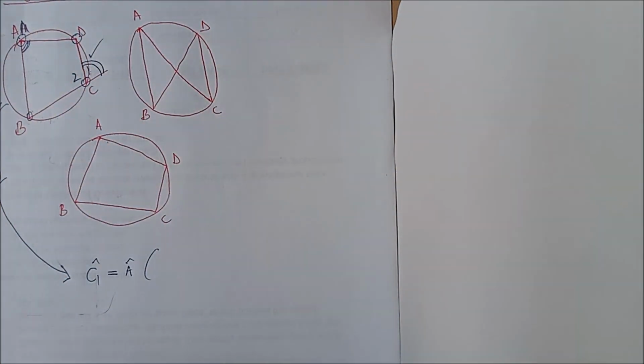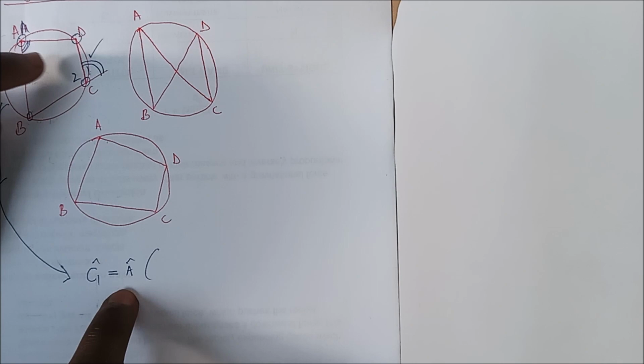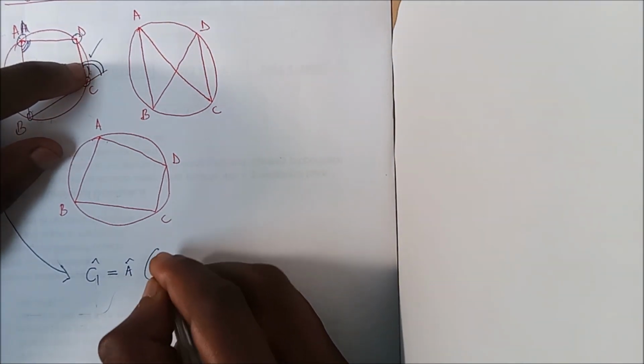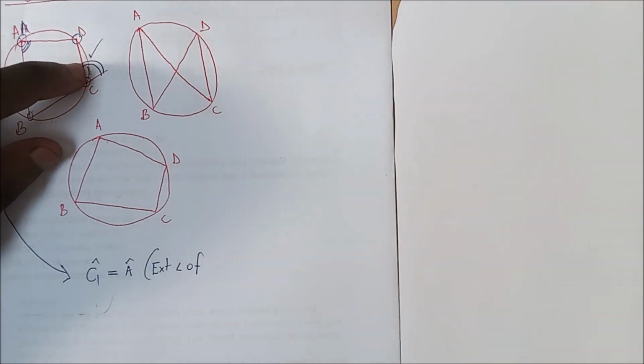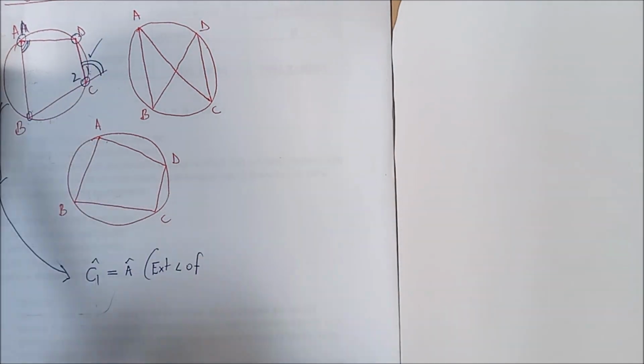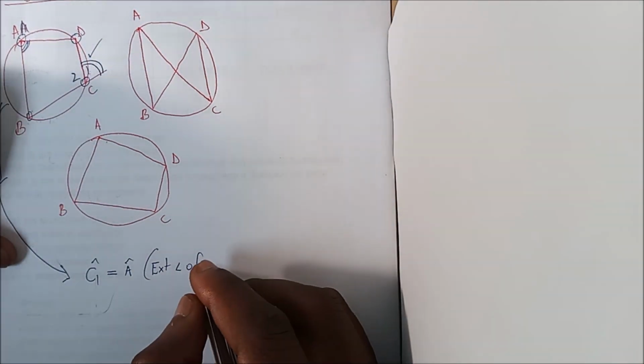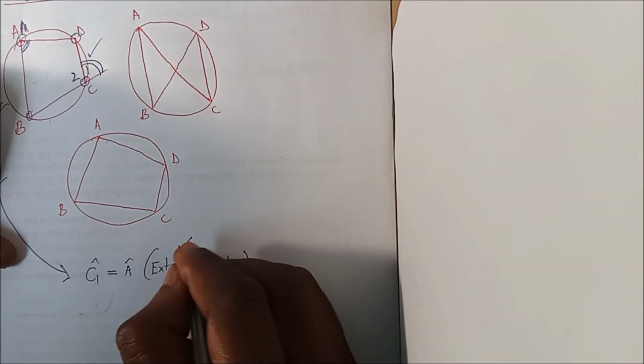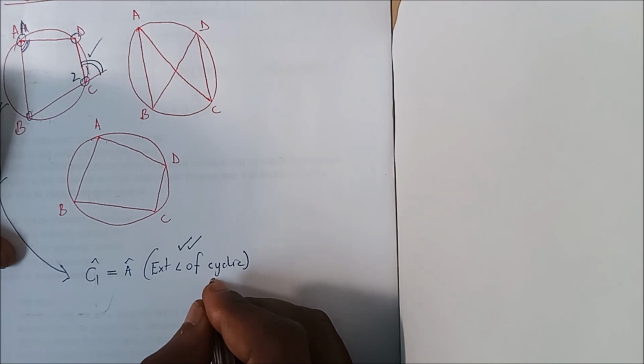Using the triangle, remember the exterior angle of a triangle and what we did in the previous lesson. So now C1 is an exterior angle. So we can just say exterior angle of. But what is this thing? Is it a triangle? No, it's a cyclic quad. So exterior angle of a cyclic quad will be our reason.